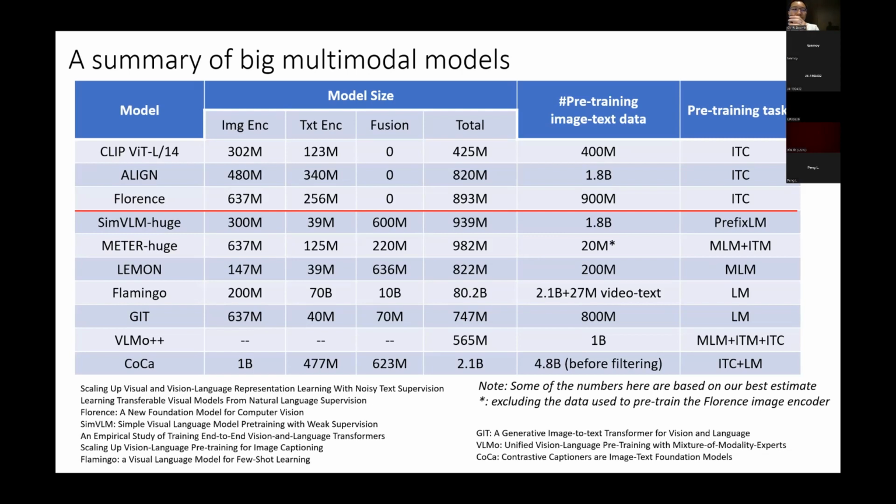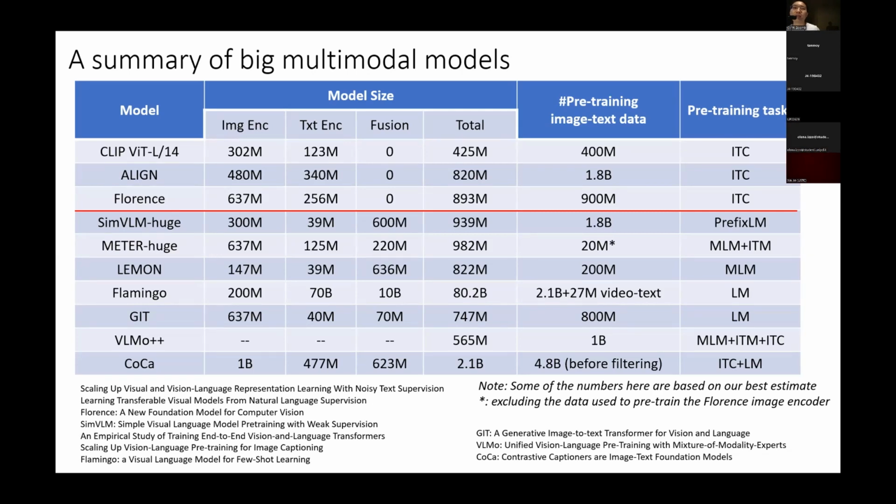If we take a closer look at this table, for example, for the image encoder, one exception is the LEMON paper. They are not using a vision transformer or ResNet. They are using an object detector, so the size is relatively small. Sometimes it's not easy to differentiate what is the image encoder, what is the text encoder, and what is the fusion model when you read the paper.